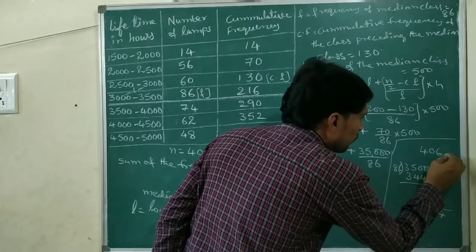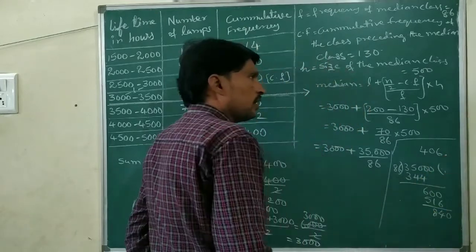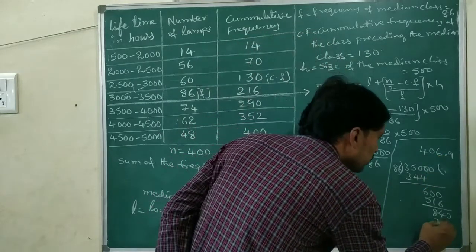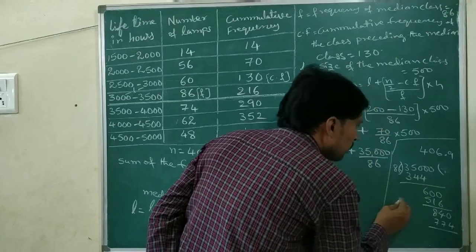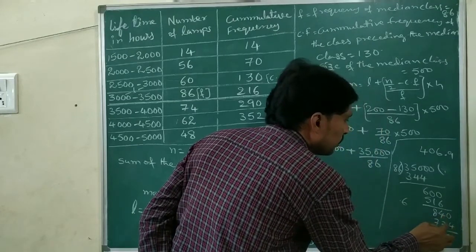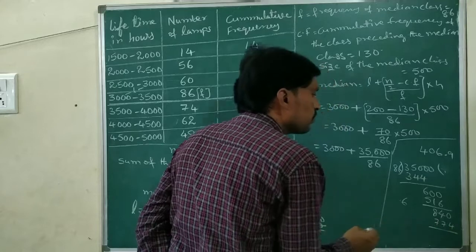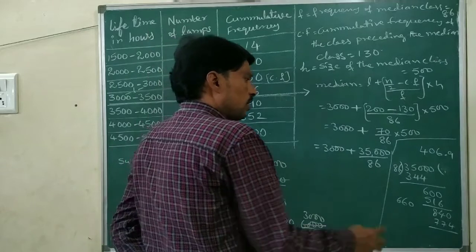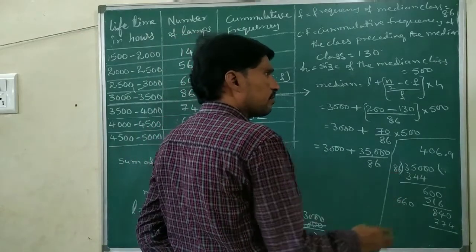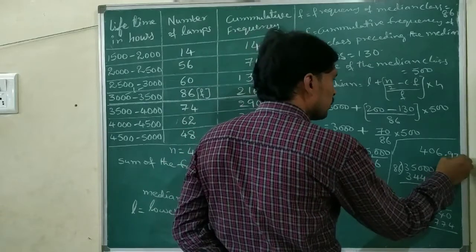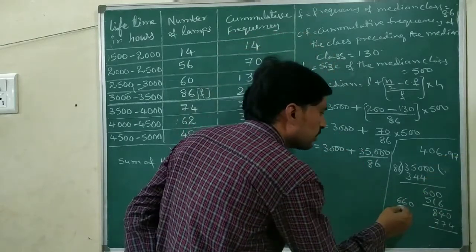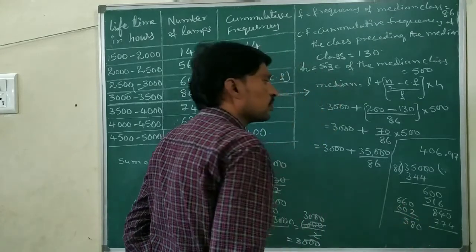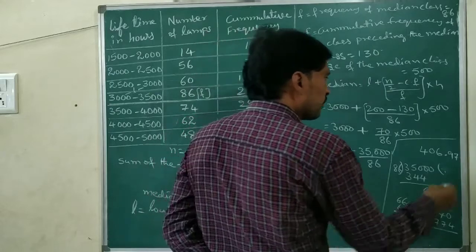Already we put the decimal point here, take this 0. 86 nines are 774. That leaves 6, 13 minus 7 is 6, take the 0. Again 86 sevens are 602, that leaves 8, 5, 0. 86 sixes are 516.